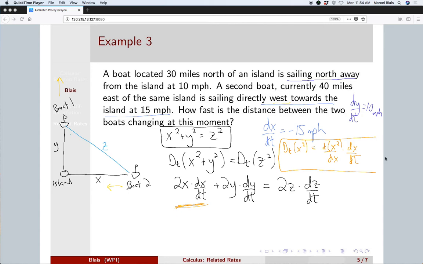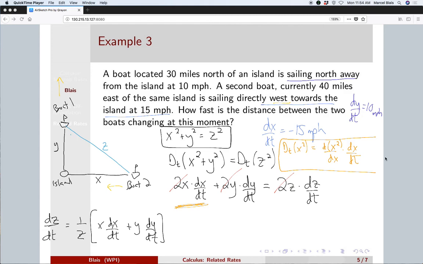Okay, coming back to this, we see that the 2's cancel, and we get dz/dt is equal to 1 over z times the quantity x times dx/dt plus y times dy/dt.